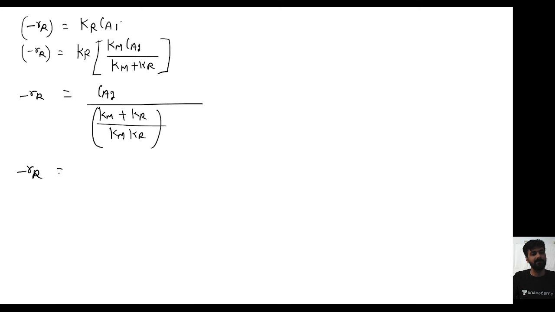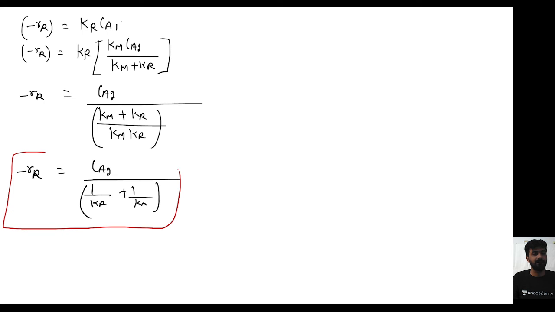So can I write minus R is equal to Ca gaseous upon 1 upon Kr plus 1 upon Km. And it's a very important thing that you have to understand over here.